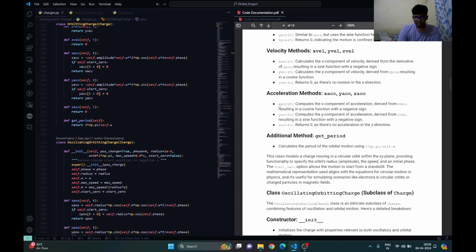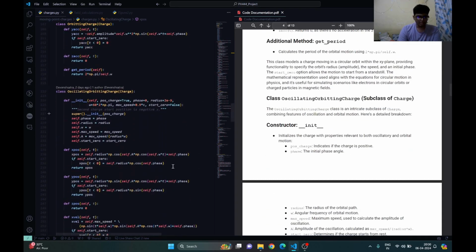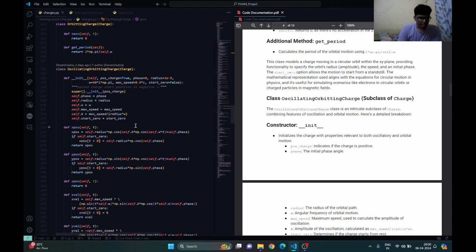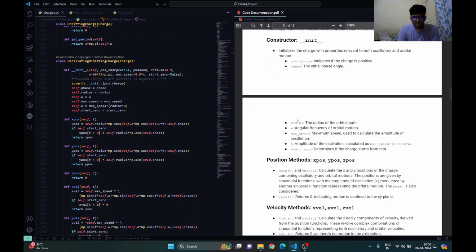The third class is oscillating plus orbiting charge. So this is basically a charge moving in a circular orbit but oscillating at each position, so it's moving like this. Here also the attributes are almost the same.